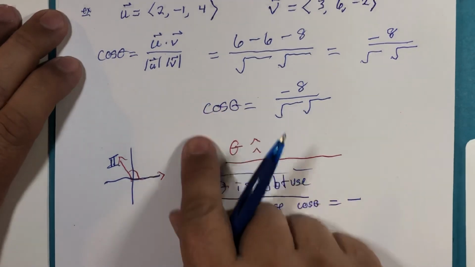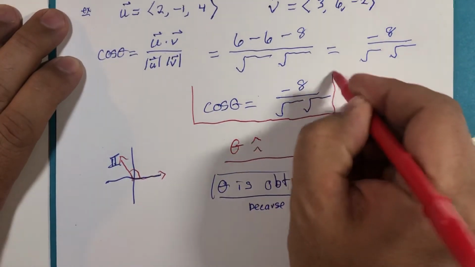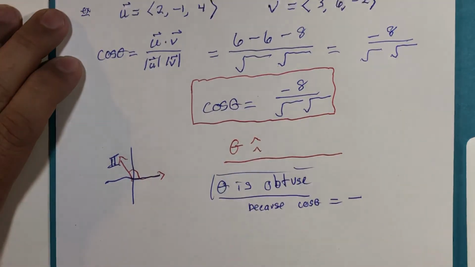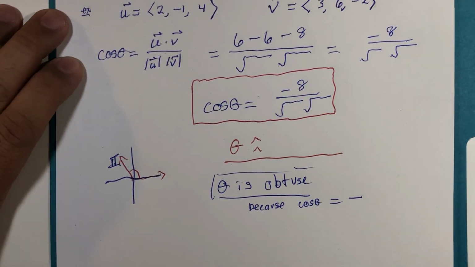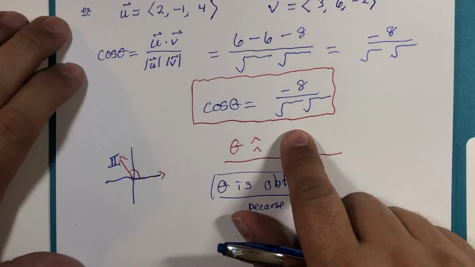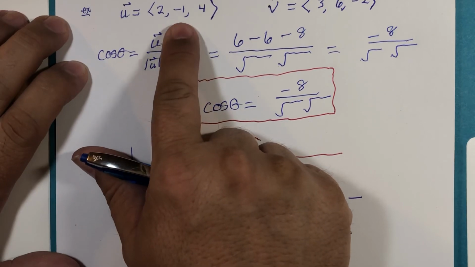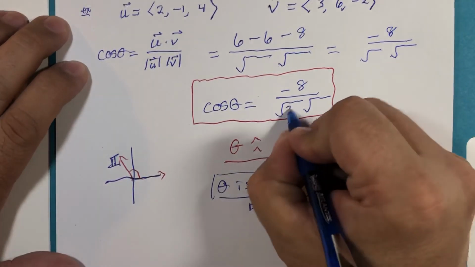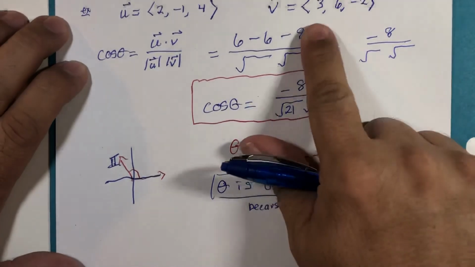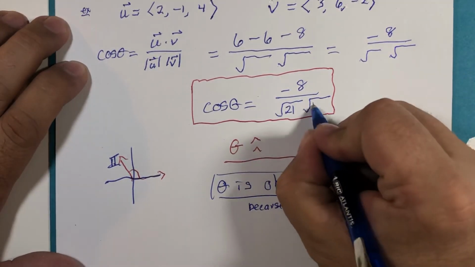Now let's go back to the calculation. What if this truly was the question? Find the cosine of the theta. Who cares if it's messy? Find it for me. What would you type in your calculator? So what's the magnitude here? 16 and 1 and 4. That's the square root of 21. 36 is 45 and 4 is 49.